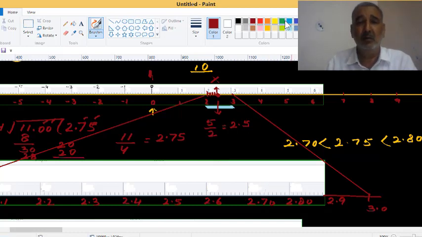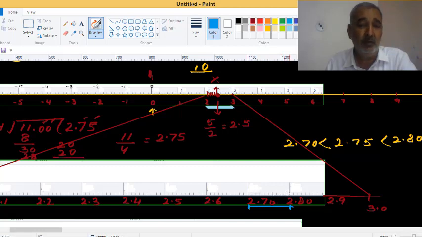Our area to be highlighted is here. This number will lie between 2.70 and 2.80. And there are 10 small places once again.